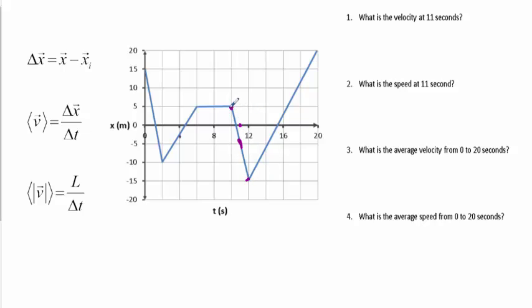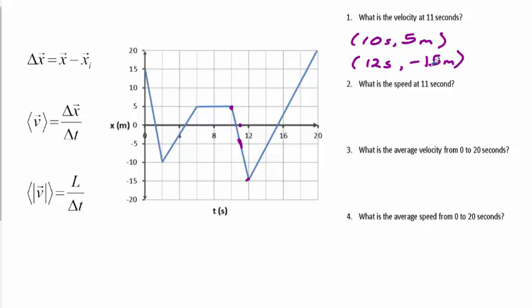So here, if I look at the actual points, I have 10 seconds and 5 meters. That's the first point and the top one. And this point here I could say is 12 seconds and negative 15 meters. So then I can use the slope formula.